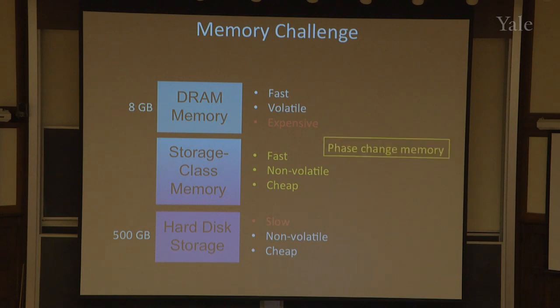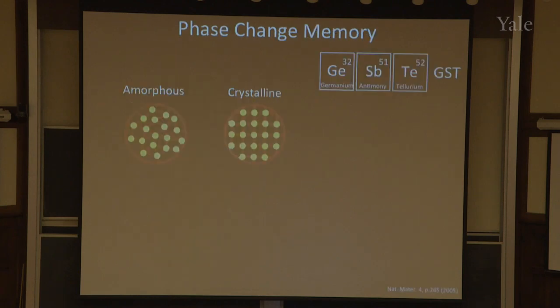And one of the particular devices that perhaps makes this possible is what's called phase change memory. Okay, so I'm going to tell you a little bit about phase change memory now. To make this, you need 3 different elements: germanium, atomic number 32, antimony, atomic number 51, and tellurium, atomic number 52.